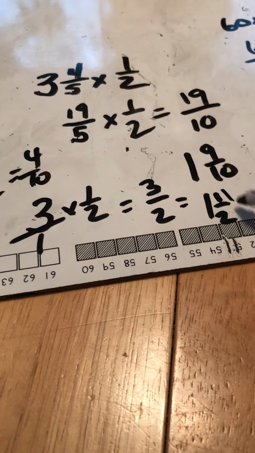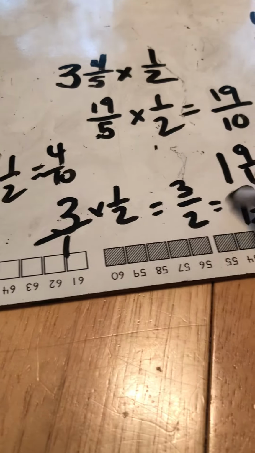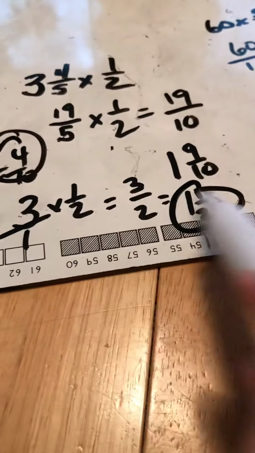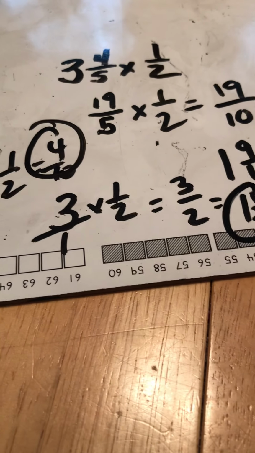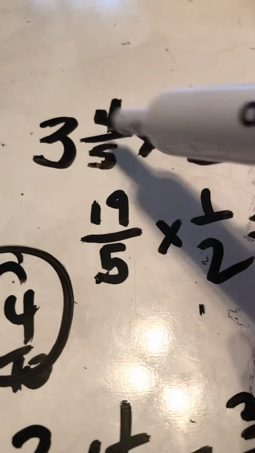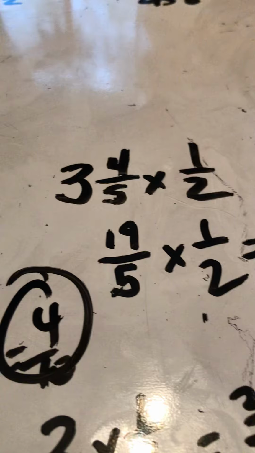Well, 1/2 would have to be turned into 5/10. So yes, technically when I added this one together and this together, remembering finding the common denominator, they would equal 1 9/10. But I kind of like this way, just turning this mixed number into an improper fraction first and then multiplying. It seems like it's less steps.